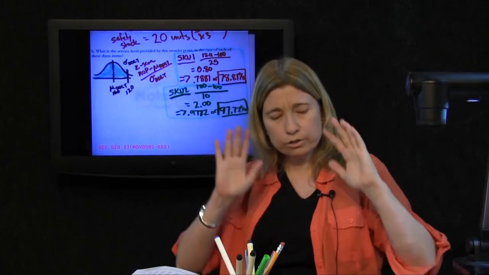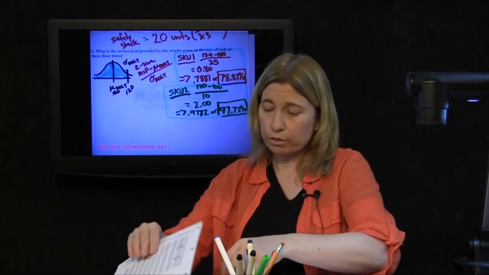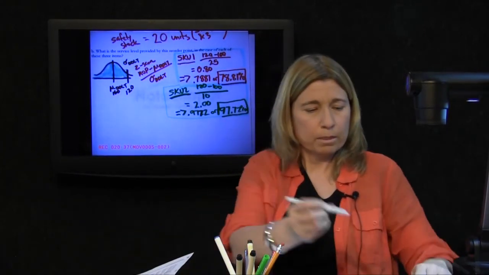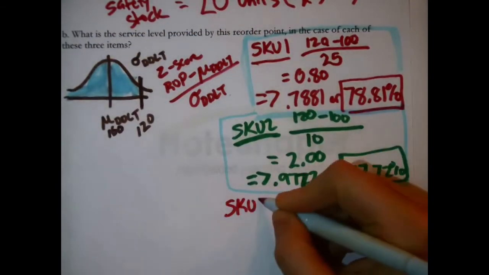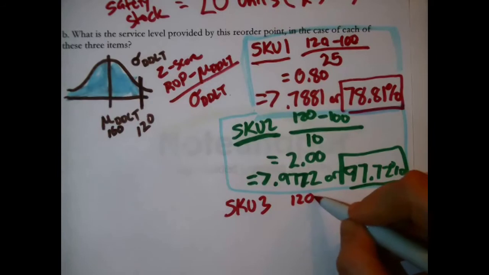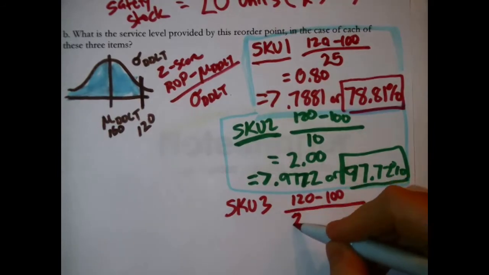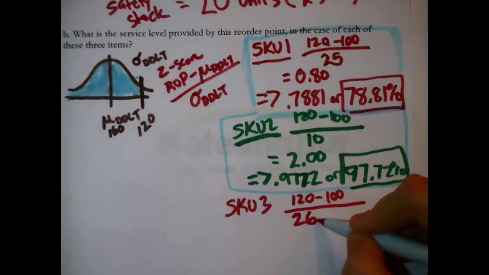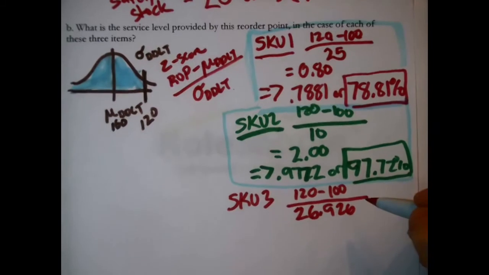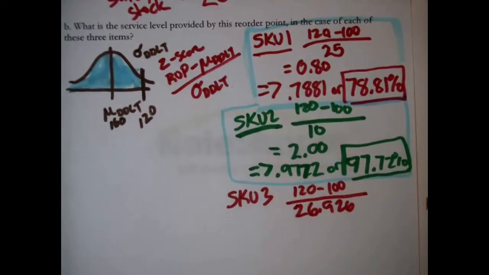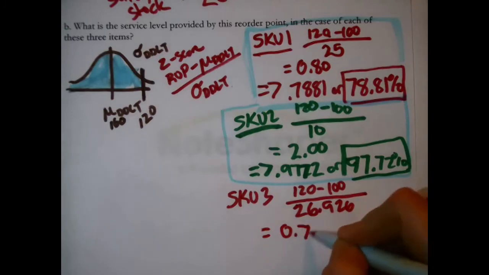But anyway, to finish this off, we now have to do that same set of steps again for the third stock keeping unit. Okay, SKU3, the same 120 minus 100 in the numerator for the z-score, but now my odd denominator, 26.926. Remember, that's what I got for the standard deviation. So when I did that, I got 0.74.